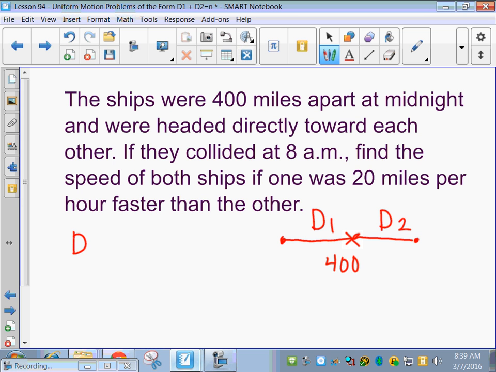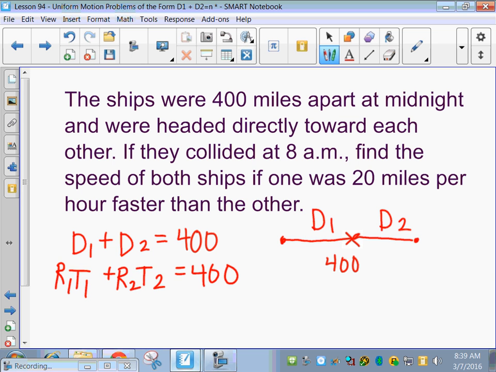So the distance of one of the ships plus the distance of the other ship is 400. All right, and we always replace these with rate times time, rate times time. All right, so let's see.